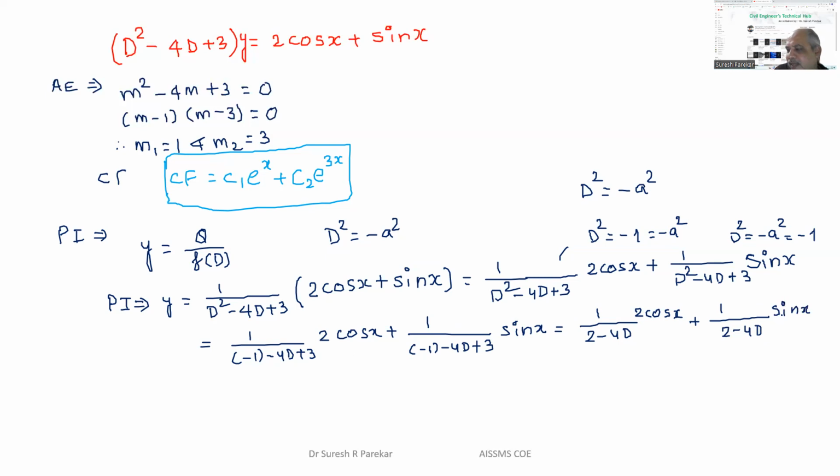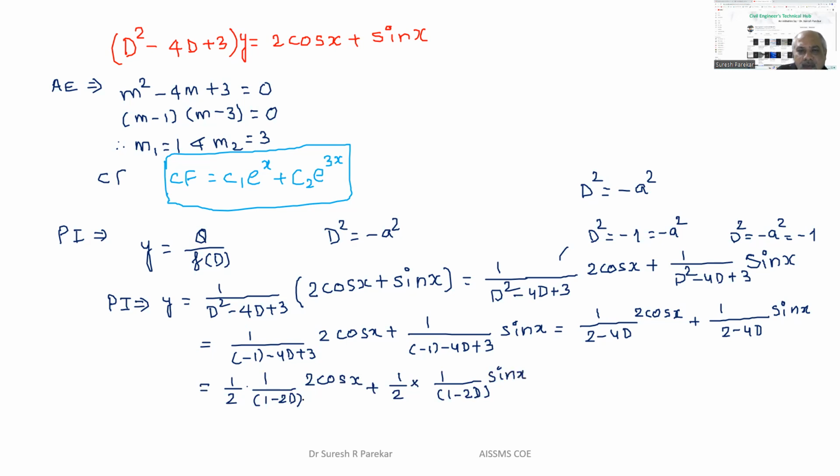Now we can take the value 2 outside from this, and then we will get it equal to 1 by 2 into 1 upon 1 minus 2d into 2 cos x plus 1 upon 2 into 1 upon 1 minus 2d into sin x.